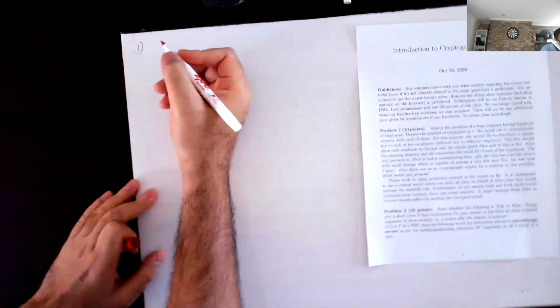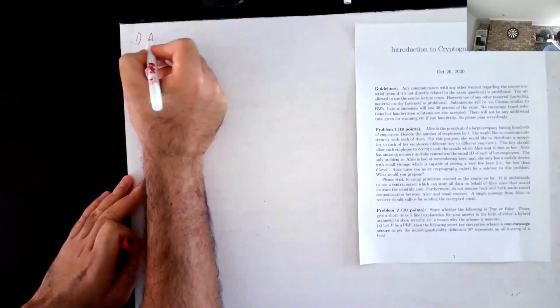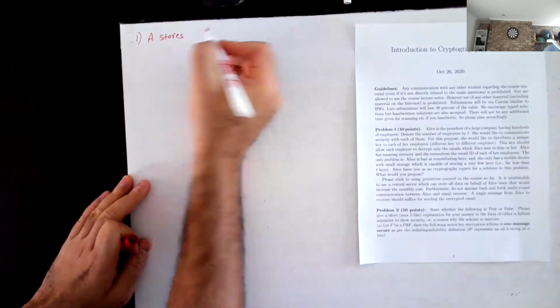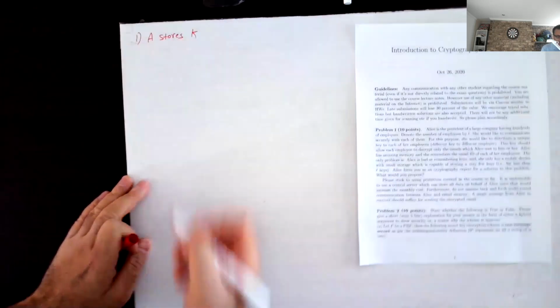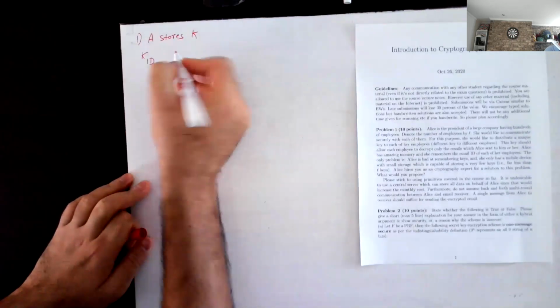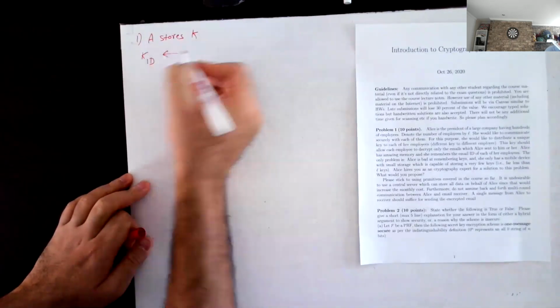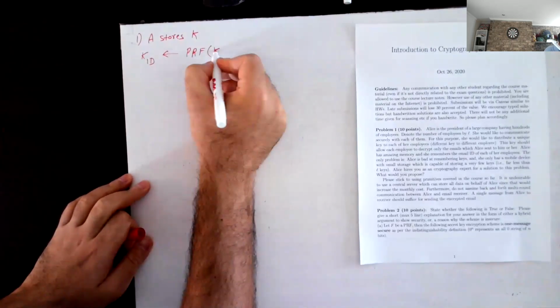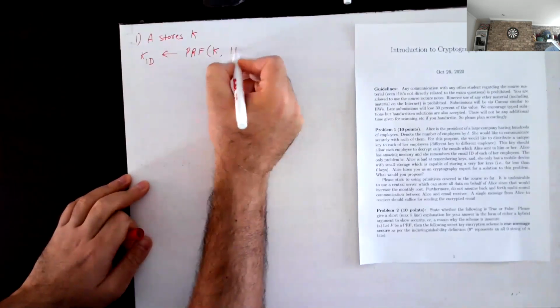So Alice stores a PRF seed, or let's call it key K. And the key for an email ID is derived as the PRF output on K, comma, this email ID.